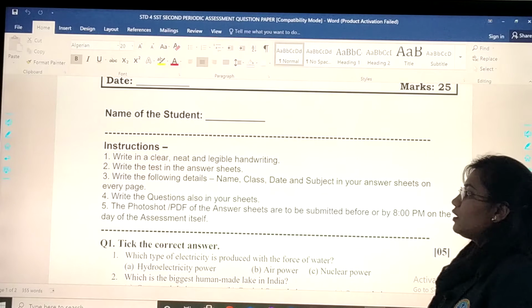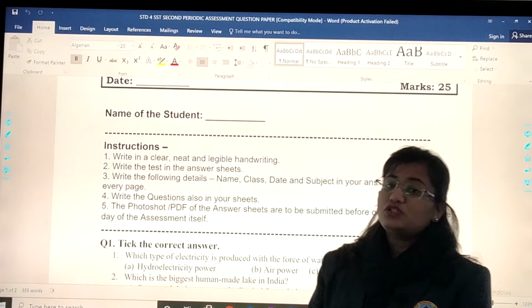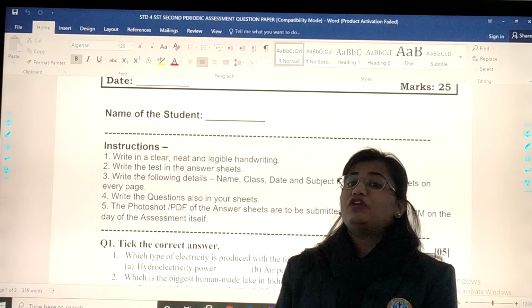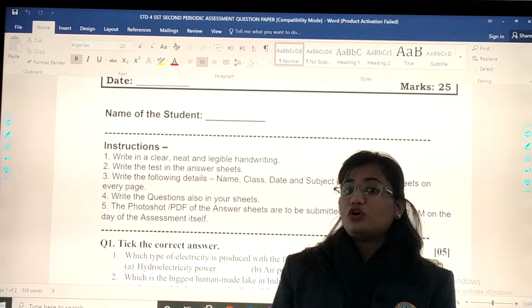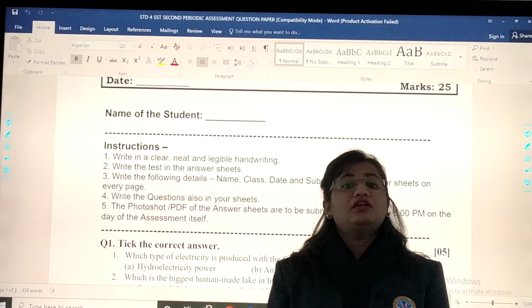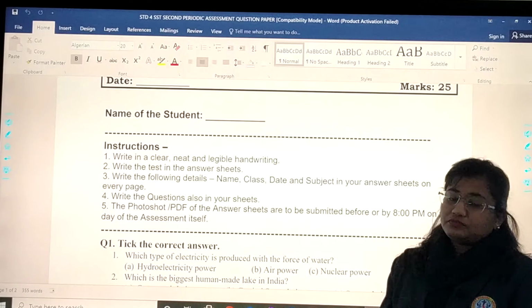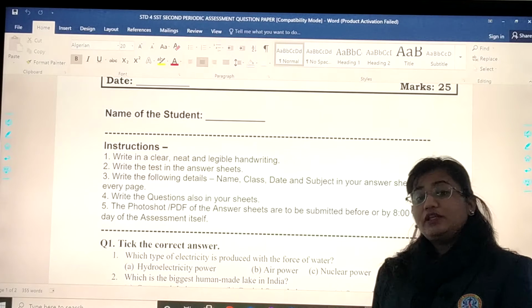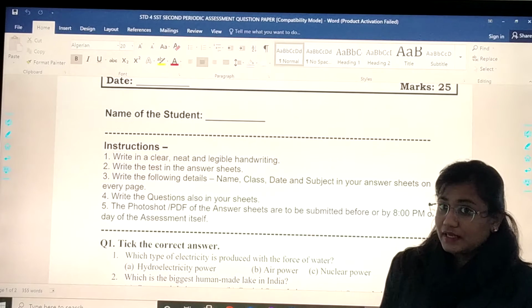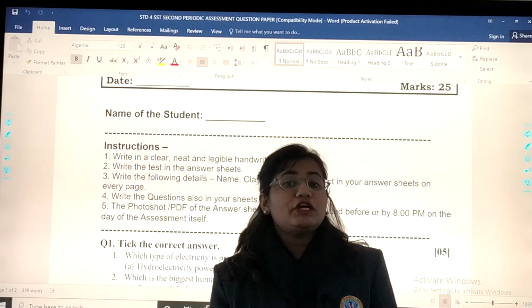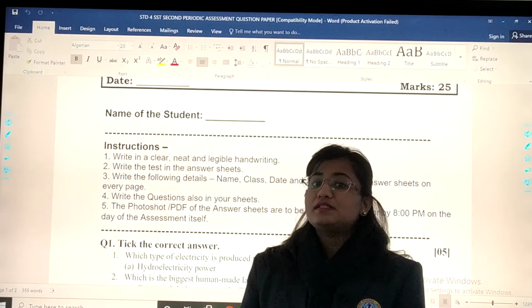Number 4. Write the questions also in your answer sheet. You need to write each and every question which is there in your question paper with all the answers. Number 5. The photoshots or the PDFs are to be sent before or by 8 p.m. on the day of the assessment itself.